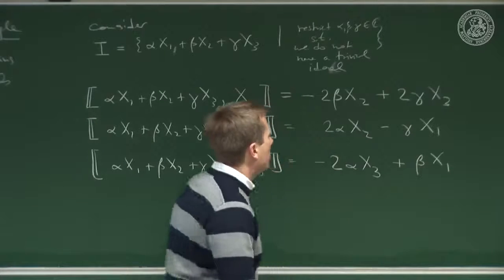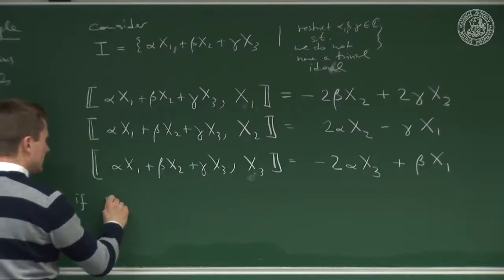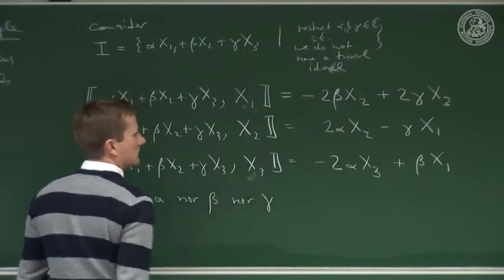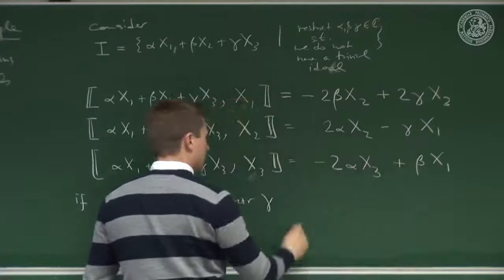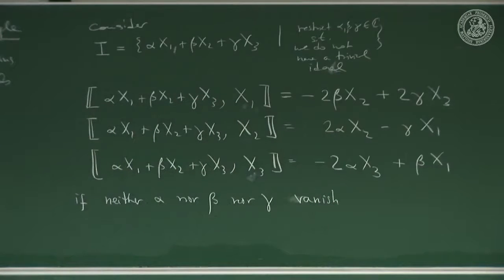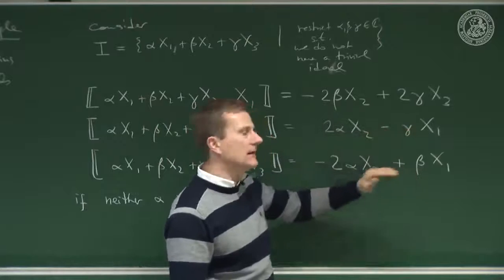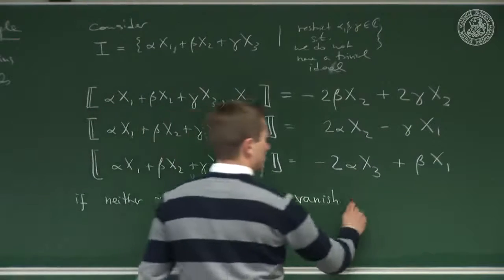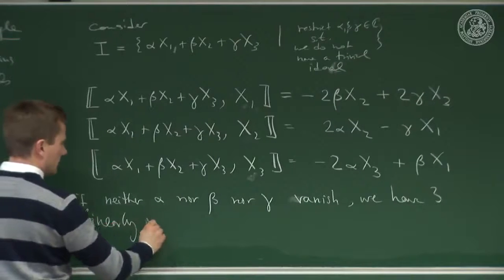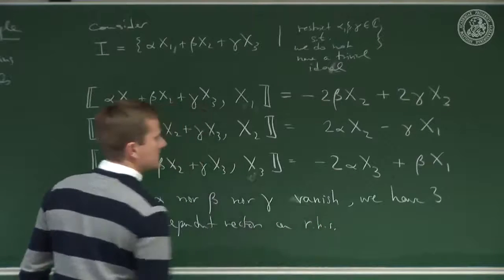Now, if neither alpha nor beta nor gamma, which are the factors here, vanish, they could be related, they could be the same, but if none of them vanishes, then what we got here is three linearly independent vectors on the right-hand side of this equation.